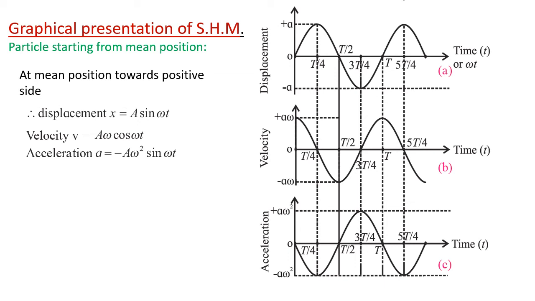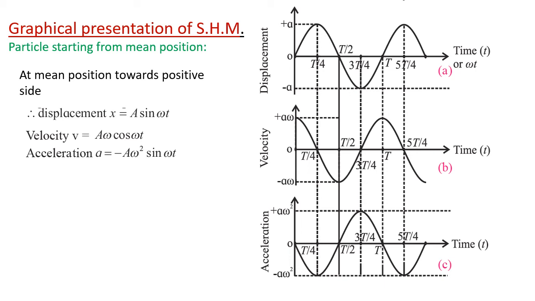When discussing the graphical representation, we will talk about two cases: one particle starting from mean position and the other particle starting from extreme position. First, let us talk about the particle starting from mean position. As we discussed, when the particle starts from mean position towards the positive side, the displacement is given by the equation x is equal to a sine omega t.